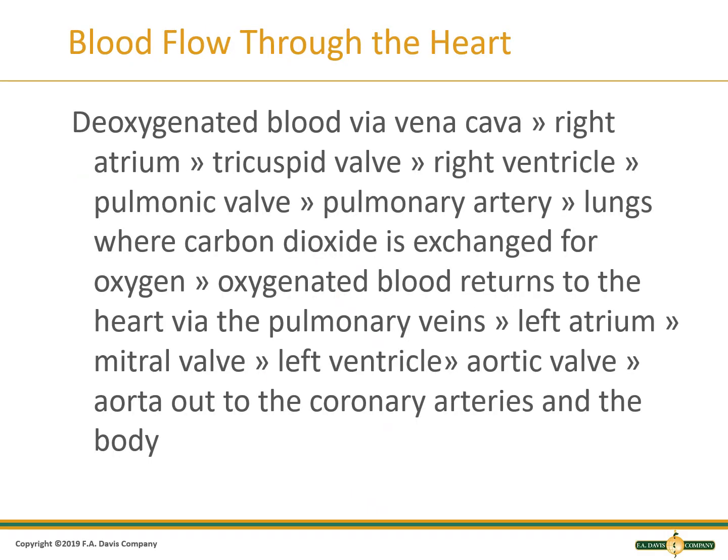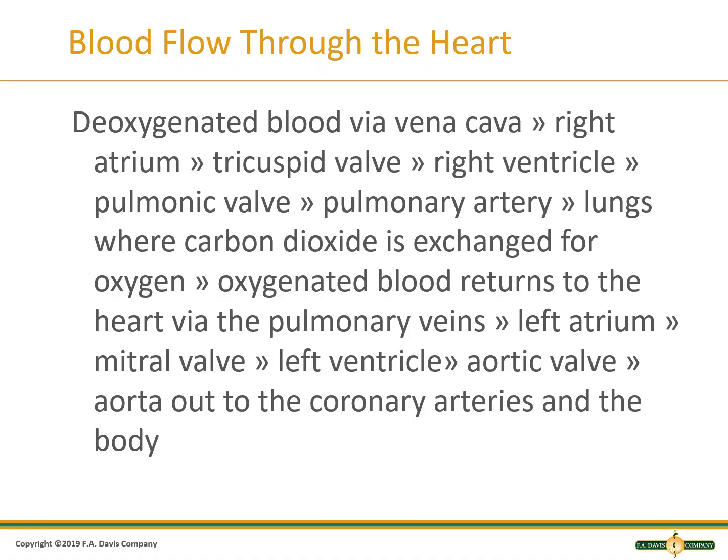With your coronary blood flow, you have deoxygenated blood coming from the body via the superior and inferior vena cava. That blood enters into the heart via those vena cavas into the right atrium.